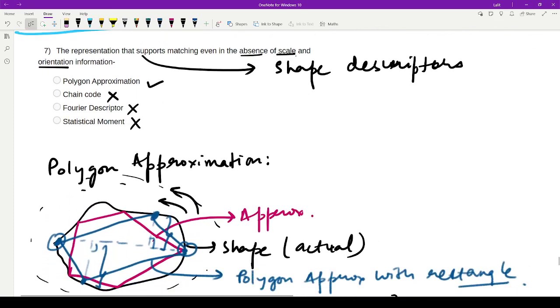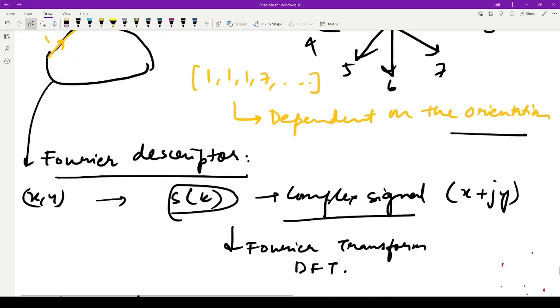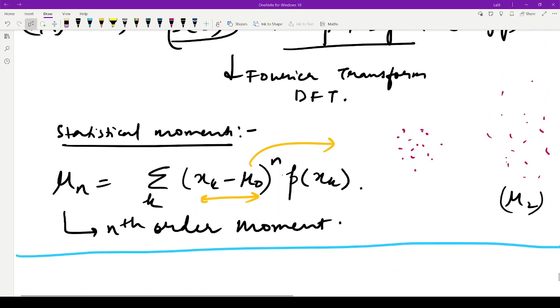Any doubt? Should be zero, right? Ah, sorry, zero is fine. This one should be one. Mean is one. Sorry, you're right.